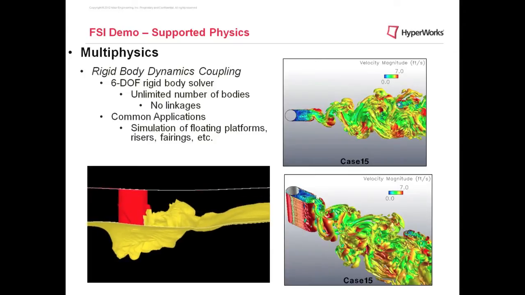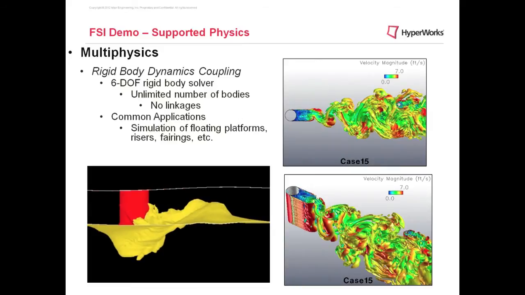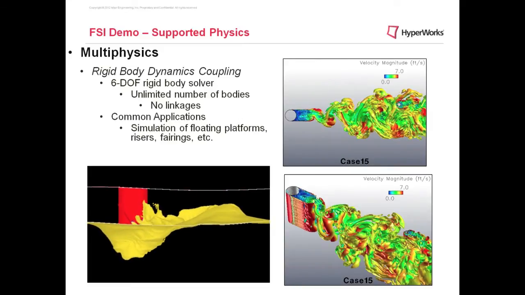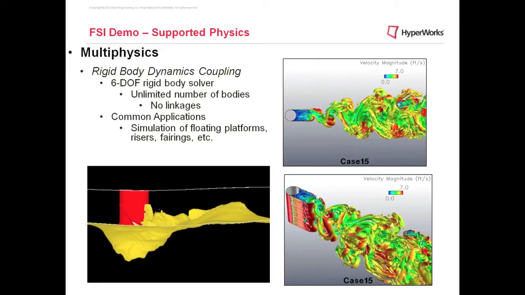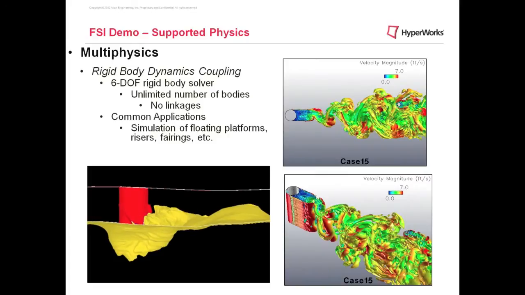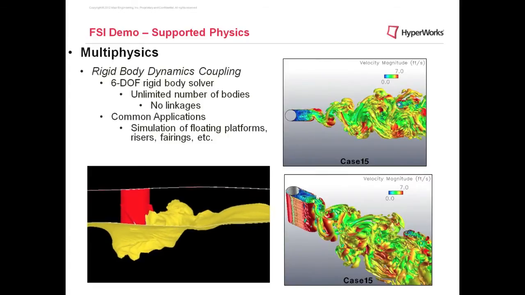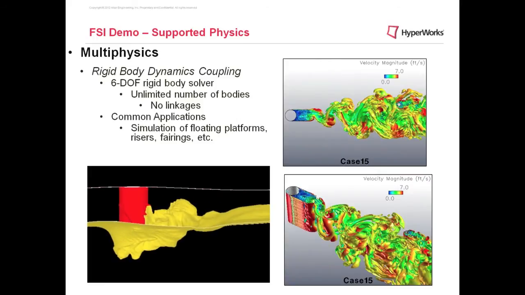That would fall under the category of a multi-body dynamics solver, and our solver MotionSolve, of course, is tailored specifically towards that application. So AcuSolve isn't necessarily intended to do that type of simulation, but rather it's intended for unconnected rigid bodies. So when would you use this type of technology?